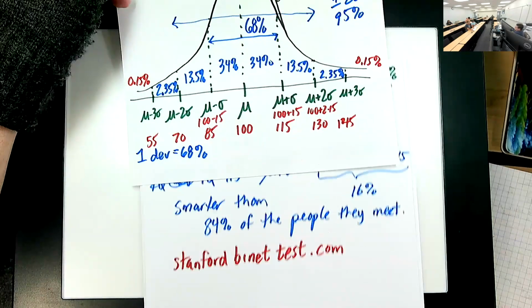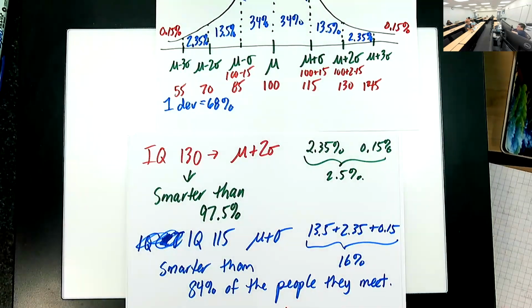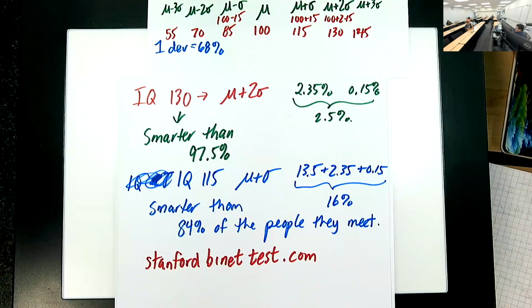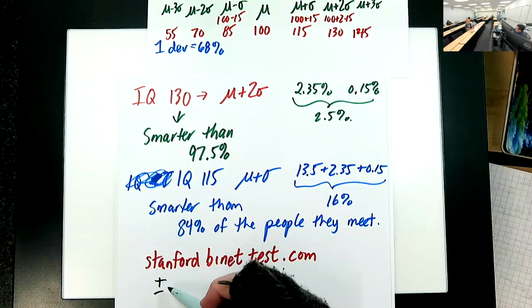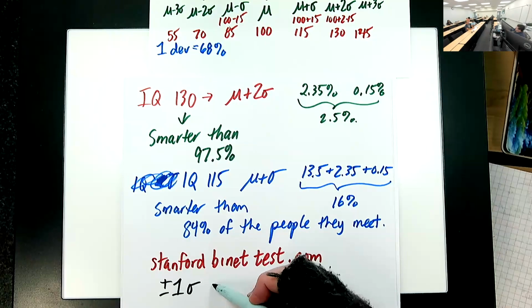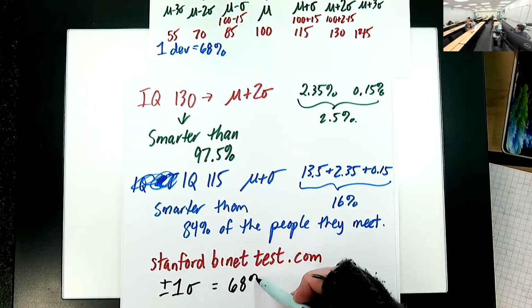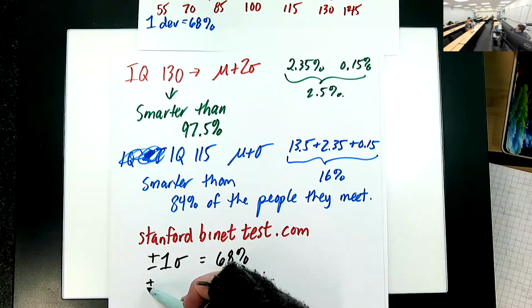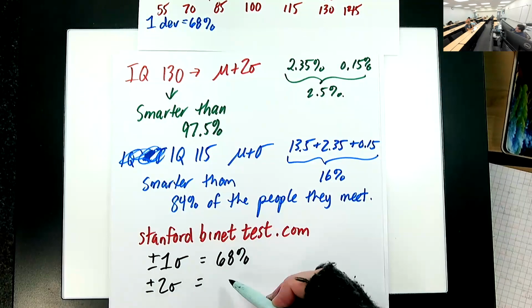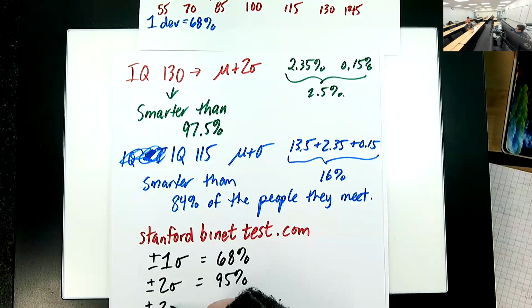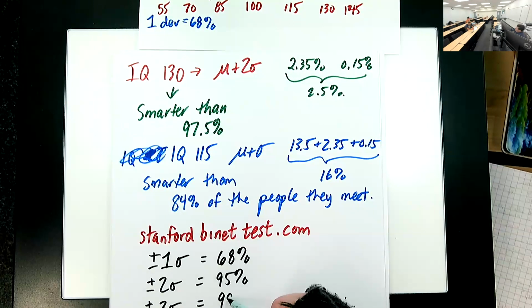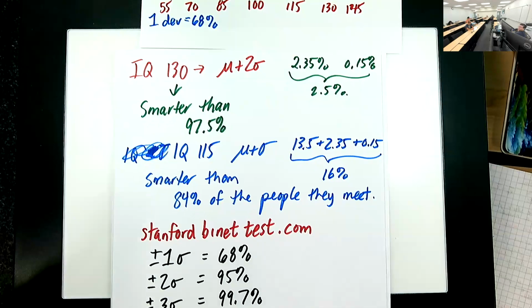The top ones that are the most important to know, when you're not doing questions like what is between these two values, the big takeaway ones are plus or minus one deviation captures 68%. Plus or minus two deviations is 95%. And plus or minus three deviations is 99.7%.